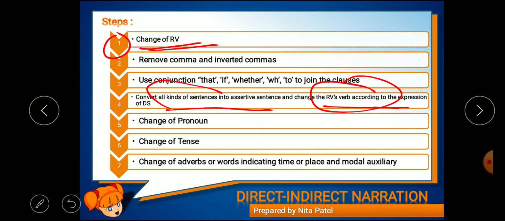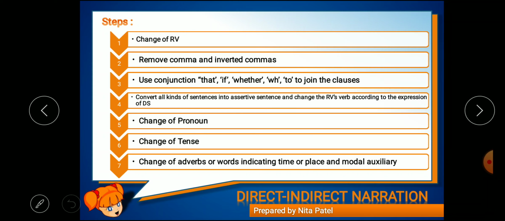As you can see, there are four kinds of sentences: exclamatory, interrogative, imperative and assertive. These sentences express different feelings and emotions. So at that time we have to convert RV's verb, like said or told, into inquired, replied, answered, exclaimed, requested. So we have to convert that.